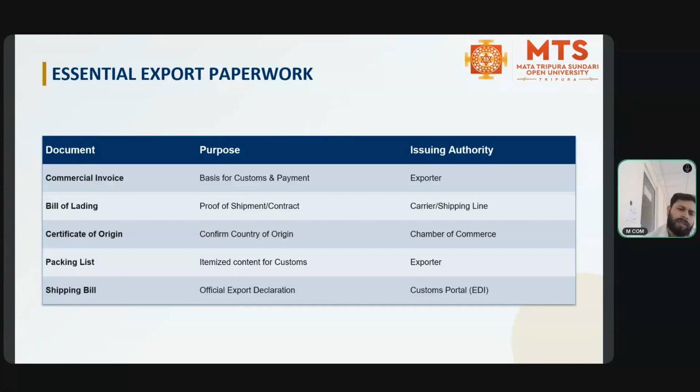It should be issued by the chamber of commerce of the particular country from which the product is exported. Packing list, which itemizes the contents for the customer. It is issued by the exporter. Shipping bill, the official export declaration, which is given by the customs portal.